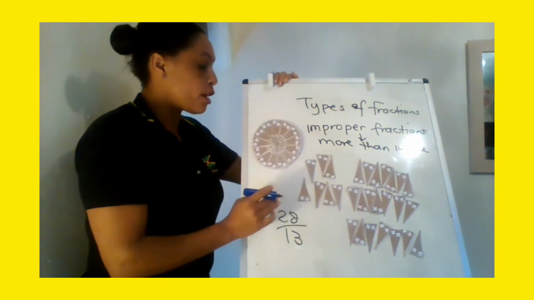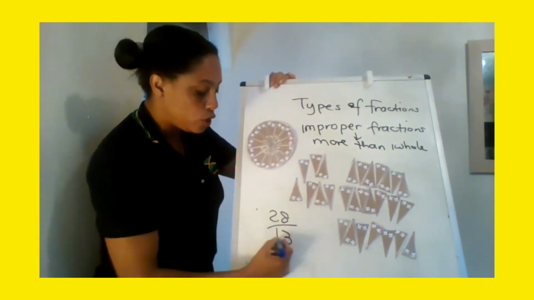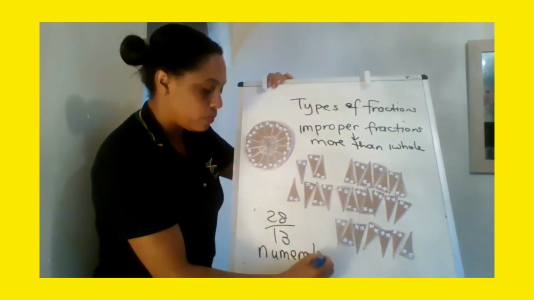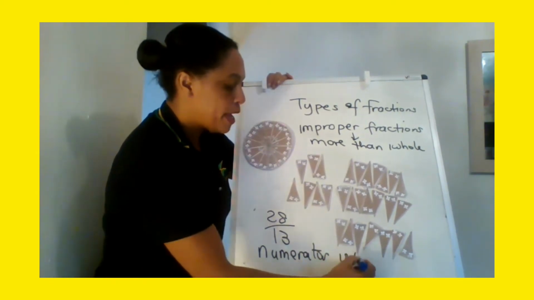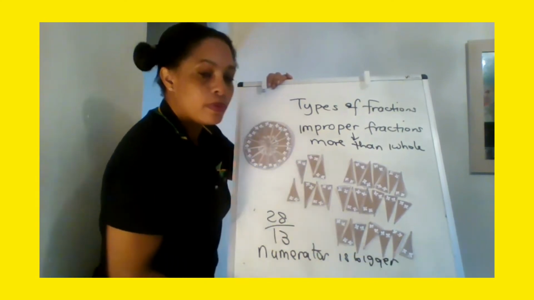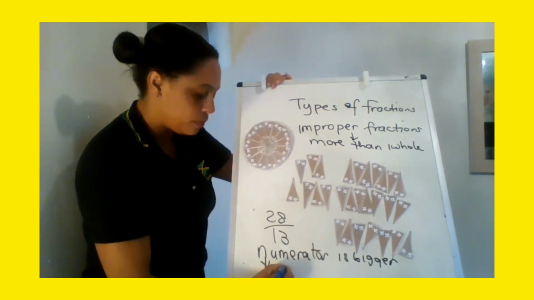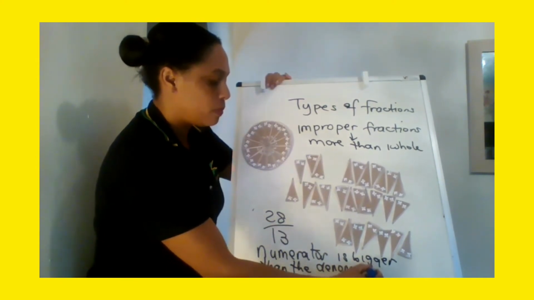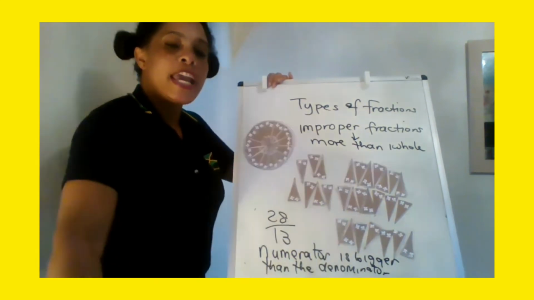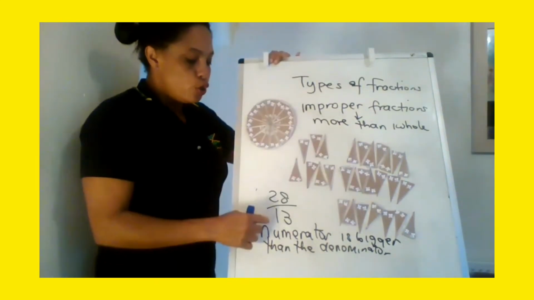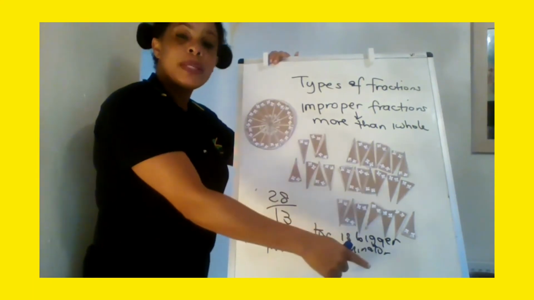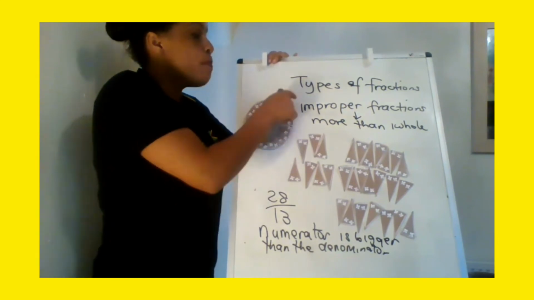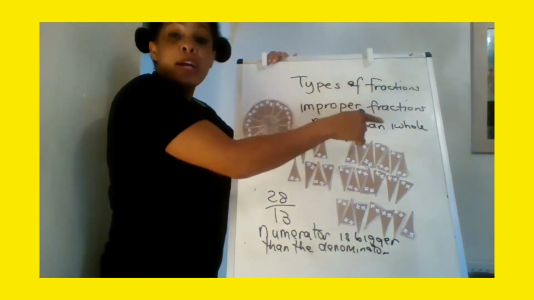And an improper fraction is a fraction in which the numerator is bigger than the denominator. And the reason for that is because this is more than 1. So remember that an improper fraction is more than 1.